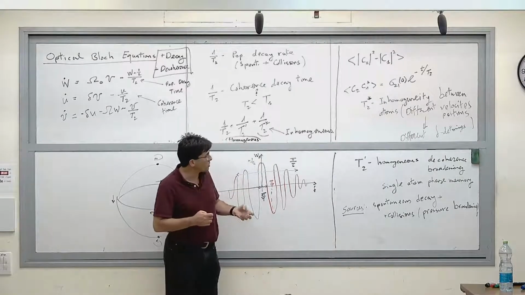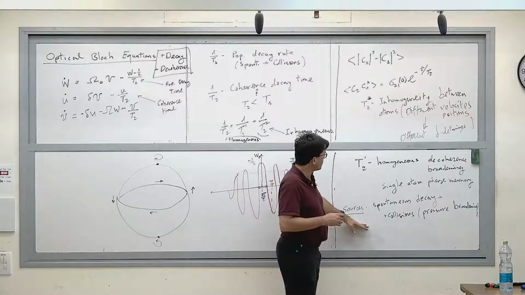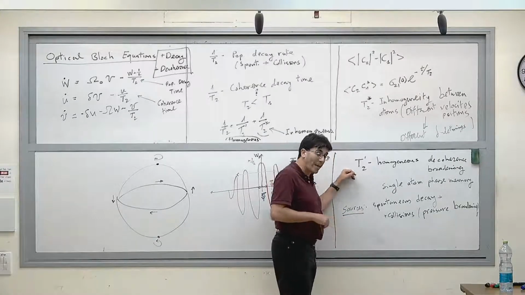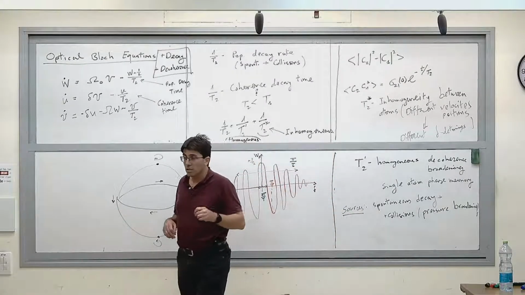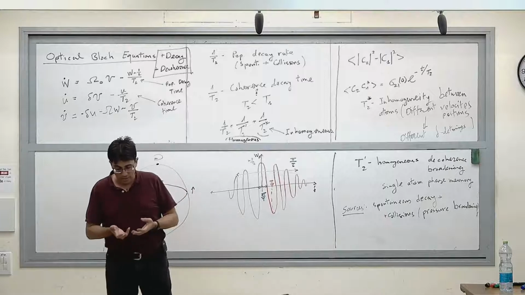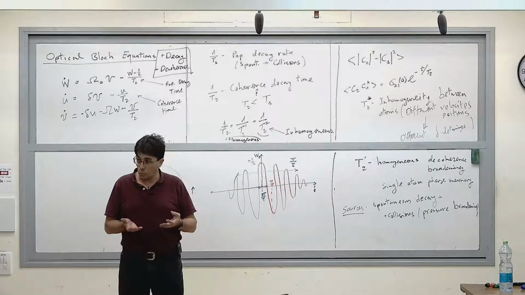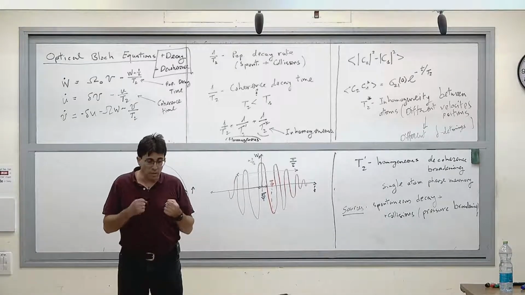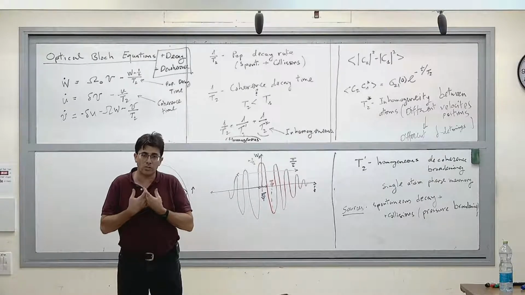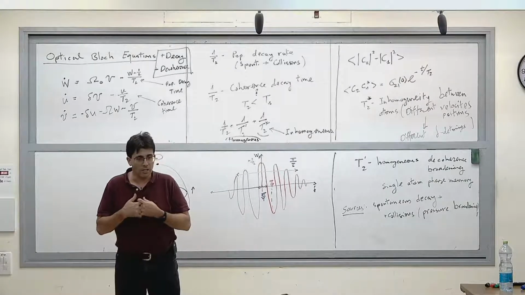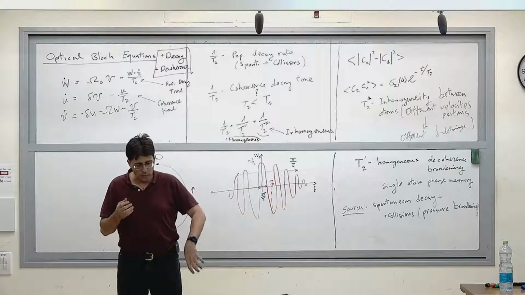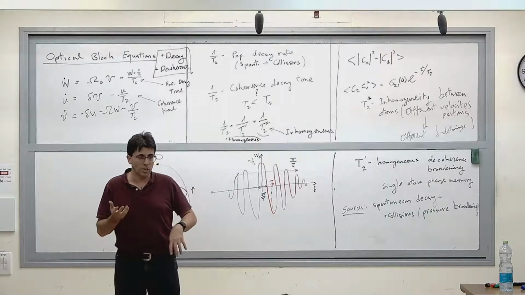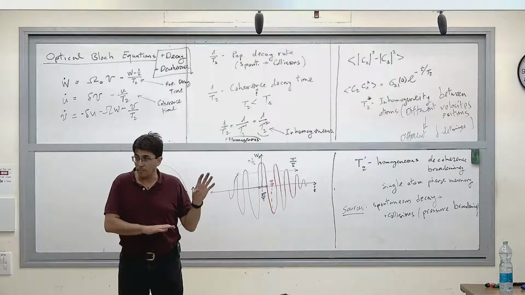Whereas the collisions that affect the phase decoherence are elastic collisions. Why? Elastic collisions do not change the energy state of the atom, meaning they don't move atoms from the ground to the excited state or the other way around. So the populations remain the same.